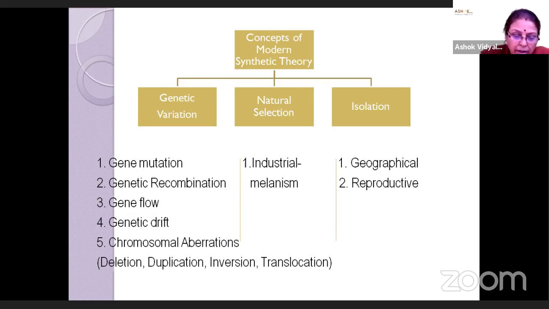Trees in this area of Great Britain, near the industrial area, had lichens on their trunks, and because of the lichens' color, the white-winged moth could mimic it. We could see that white-winged moths were more numerous than black-winged moths.